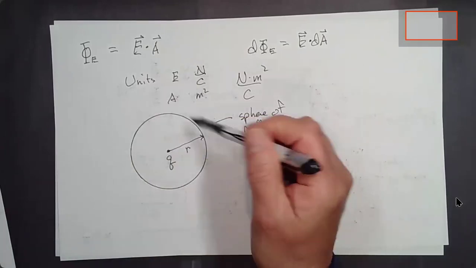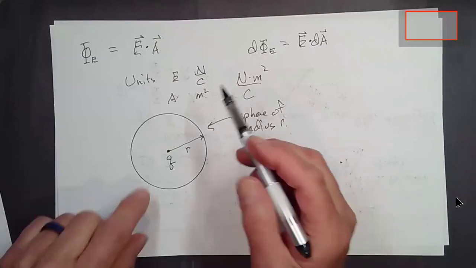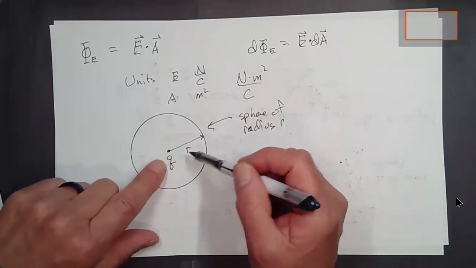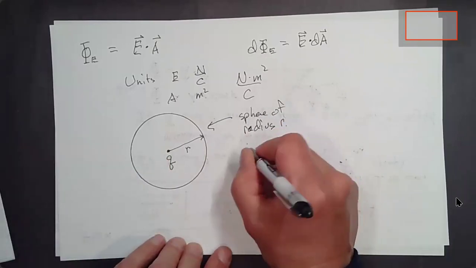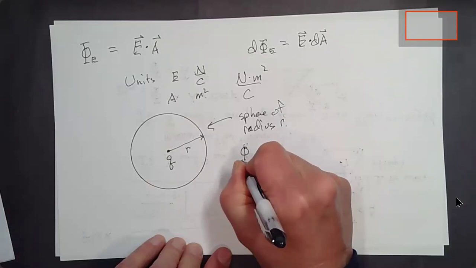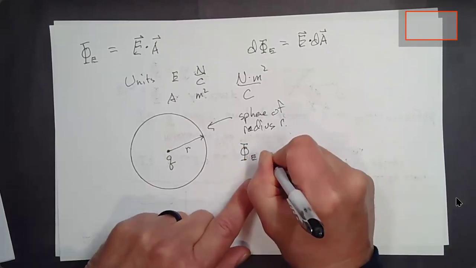And I'm just drawing it as a two-dimensional circle, but imagine that it's a sphere of radius r, and we want to calculate the electric flux that is through that sphere. So, flux of the electric field through the sphere.